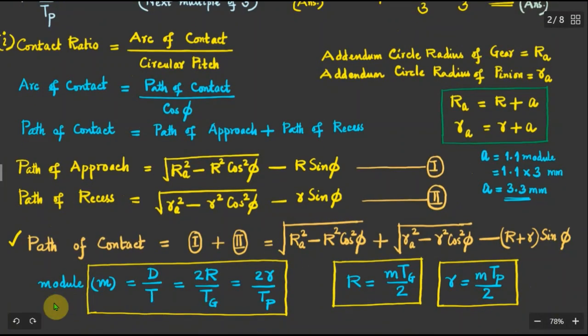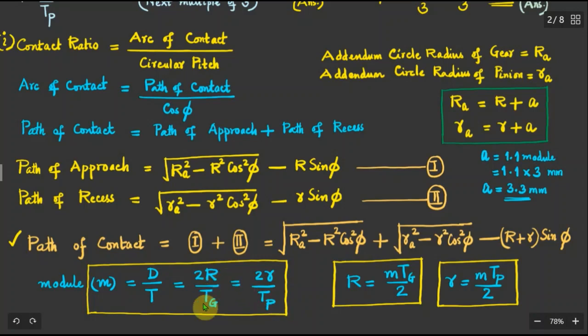And now we have module M given by pitch circle diameter divided by number of teeth on the gear. That's a basic equation. For the gear, module M will be equal to 2 times capital R by Tg, and for the pinion, module M is equal to 2 times small r divided by Tp.